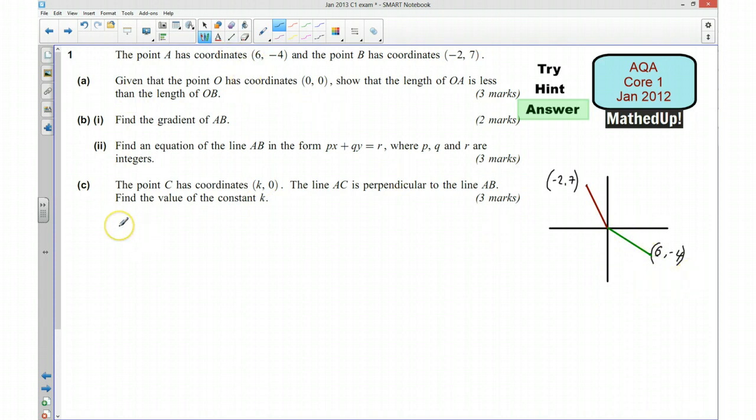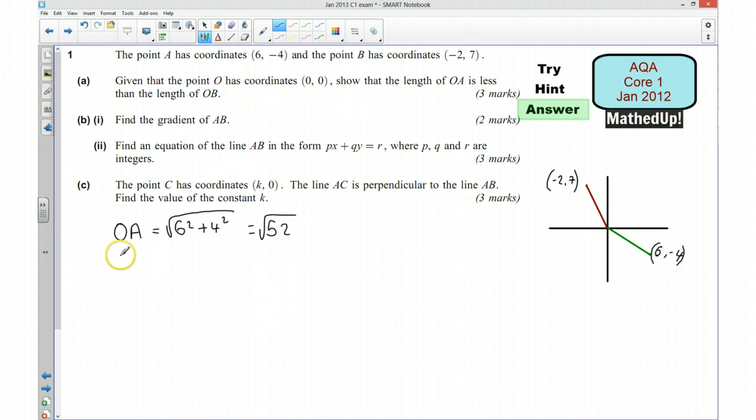So our length OA is going to be equal to 6 squared plus 4 squared square rooted, and if we simplify that, that's going to be 36 plus 16, so that's going to be 52. So the length OA is going to be the square root of 52.